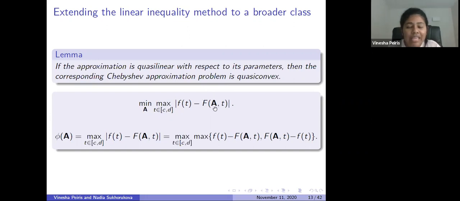So f of A, t is quasi-linear with respect to capital A. If we rewrite the absolute value as the maximum between f of t minus capital F and capital F minus f of t, then we are taking the maximum between two quasi-convex functions. Ultimately we take the maximum over a family of quasi-convex functions, which is quasi-convex.